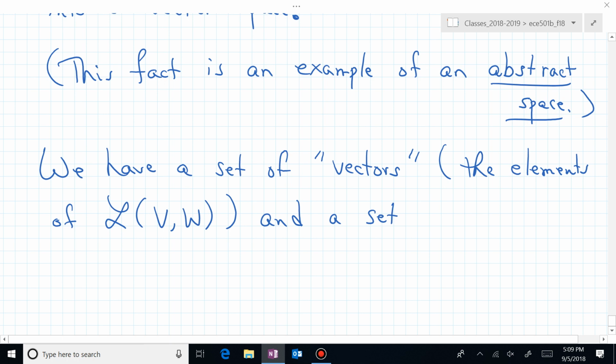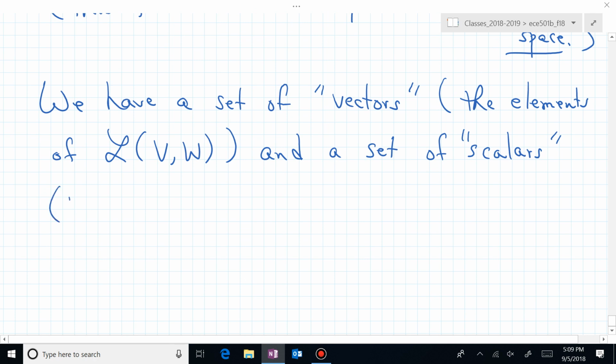Well, a set, let's say, of scalars, and let's just keep those general. Those could be real or complex scalars. If we have vectors and scalars, for it to be a vector space, we need two binary operations.